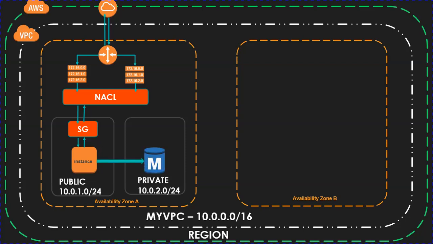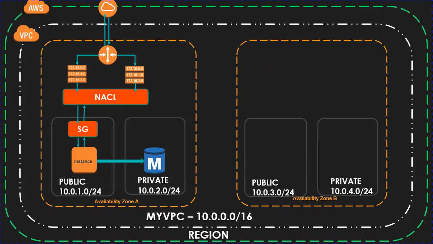And you will have your database in the private zone, that is the private subnet, and your web server will be connected to it. This is the master database, marked with M. In the second availability zone, we will have the same type of network, subnetted into public and private.